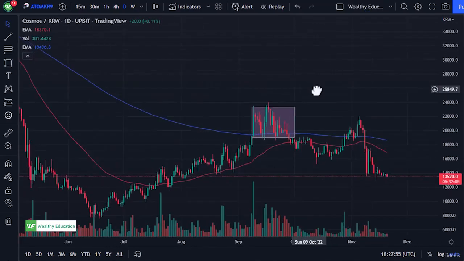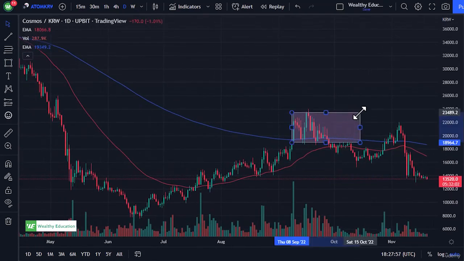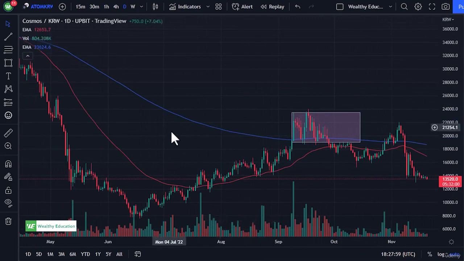And how did you see the potential for this? Let me draw this a little bigger just to make it obvious. Well, the most obvious thing is you kept banging around between 24,000 and say 19,000, but then all of a sudden you couldn't return to the top of the pattern, and then you broke down below the 200-day EMA, and volume is dropping, so that shows a lack of interest.